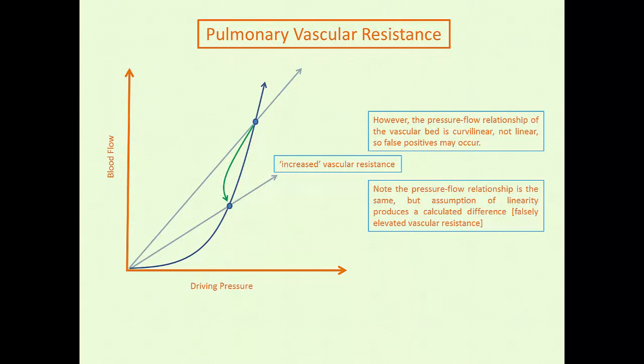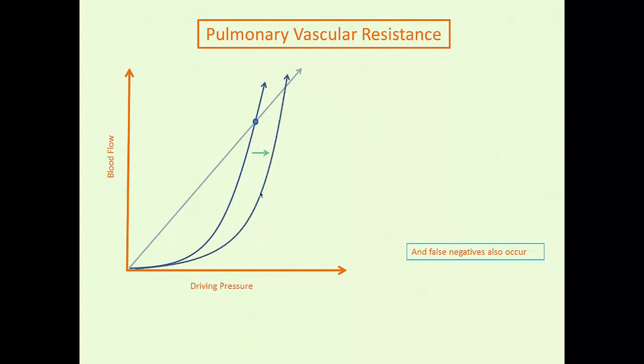Because as you'll see, false positives and false negatives occur when pressure and flow move in the same direction. So in this patient, what has happened? Well, driving pressure has decreased, but so has flow. So has the driving pressure decreased because flow has decreased, or because there's been truly a change in the physiology of the vascular bed? You do not know.